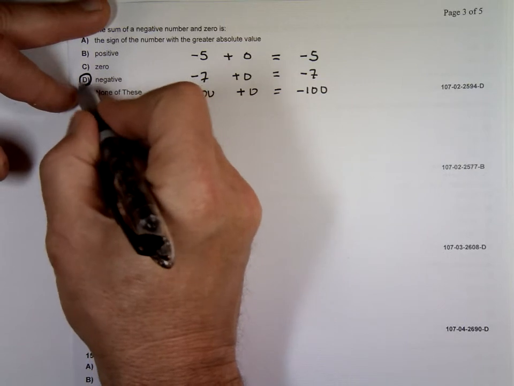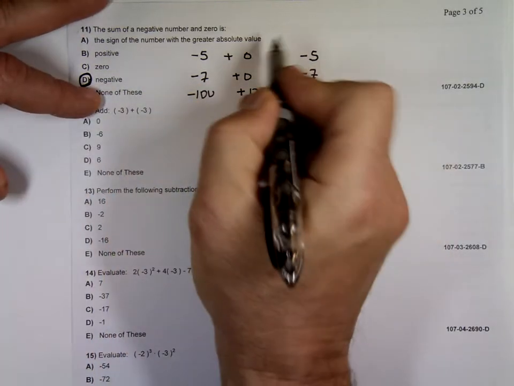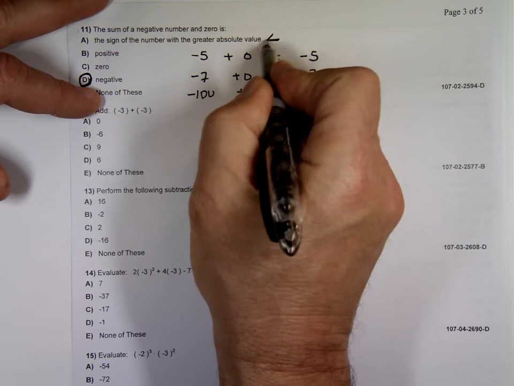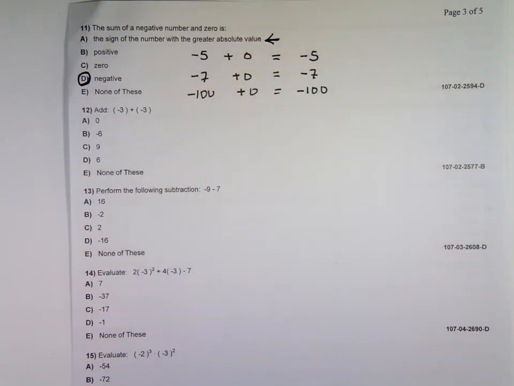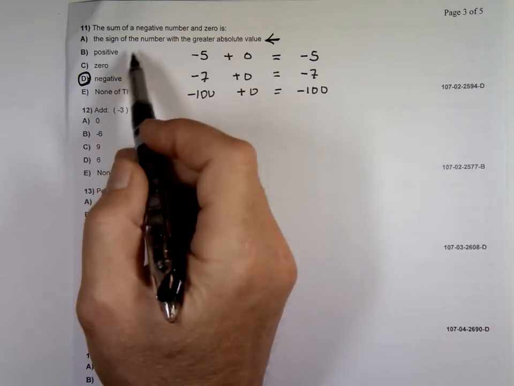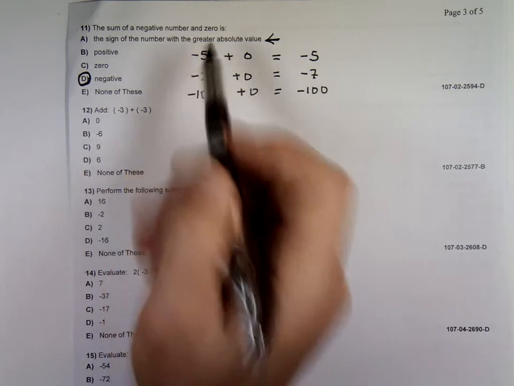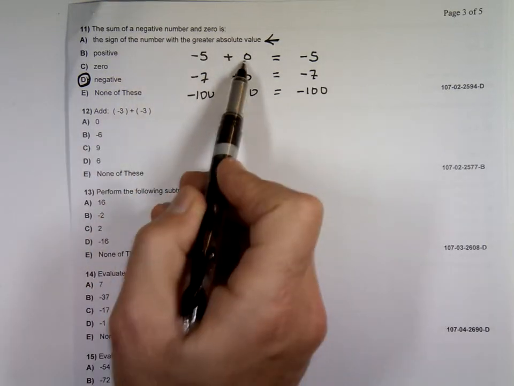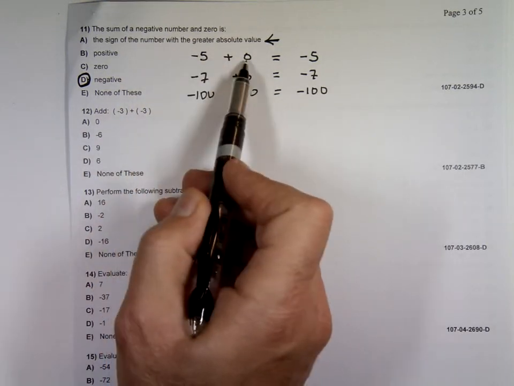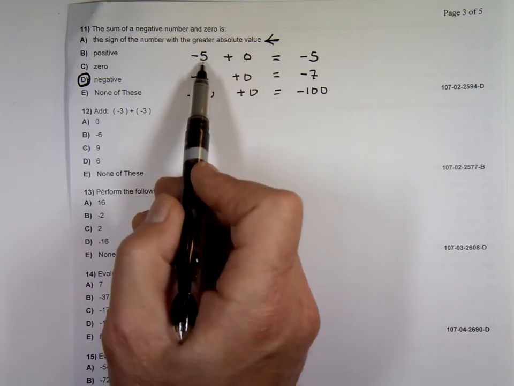I also asked them yesterday to change the answer to this because that's also a correct answer. I told them to change it. Whoever wrote this question messed up on it, because saying the sign of the number with the greater absolute value is still correct. When you look at these two numbers, which one has the greater absolute value? This one. What's the absolute value of negative 5? 5.